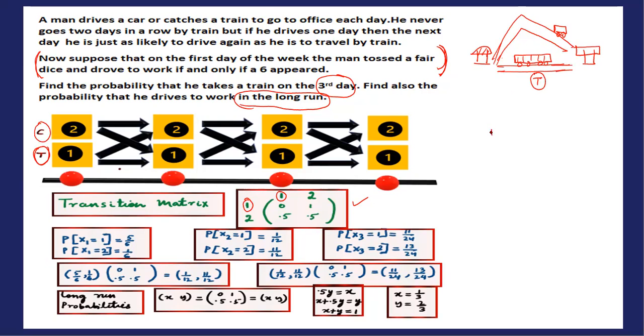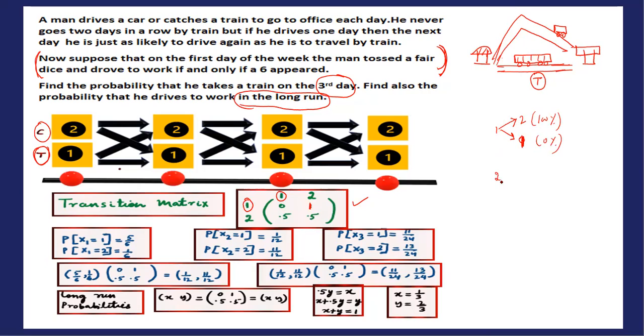So if today is train, tomorrow it will not be train. It will be 1 to 2, 100%. That's how we have 1 here, 1 to 2, probability 1. But 1 to 1, 0, because there is no way he will travel 2 days by train. So 1 to 1, 0%, 1 to 2, 100%.